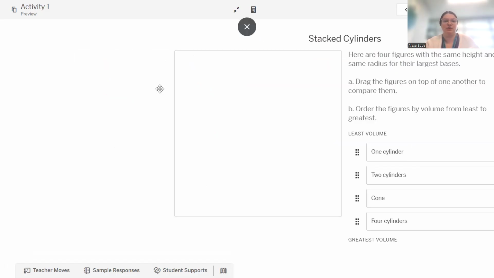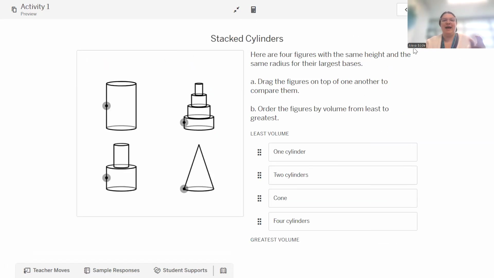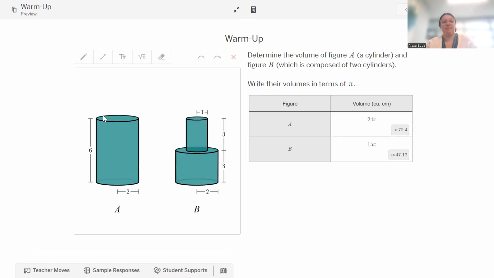So we're going to now look at kind of what happens to the volume if we took a normal cylinder, a big cylinder. We then kind of cut it in half and made both things smaller. So 2 cylinders where the bottom cylinder has the same radius as the original, and the height of both of them together is the same. Notice that A was 24 pi, where B was 15 pi.